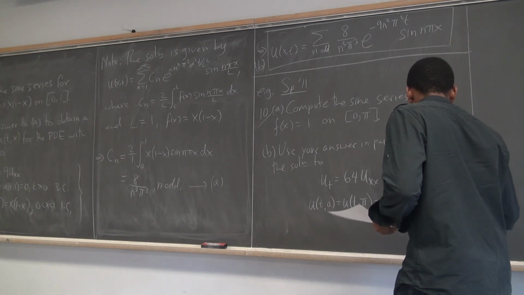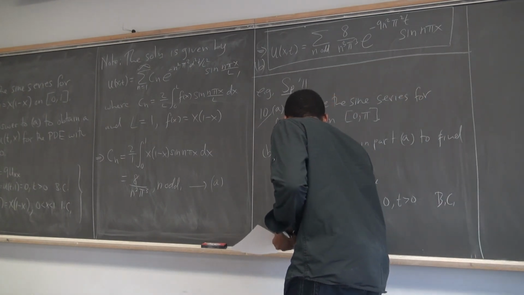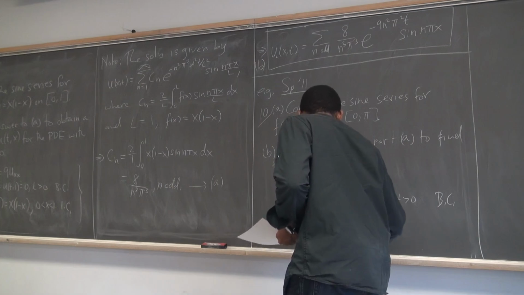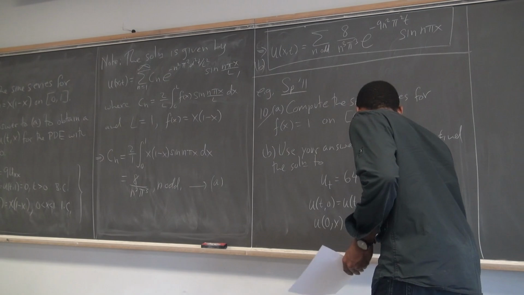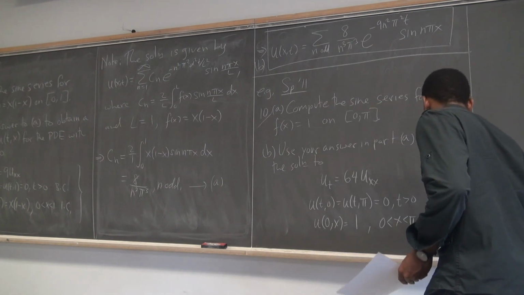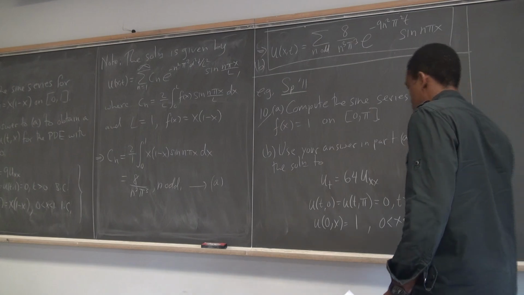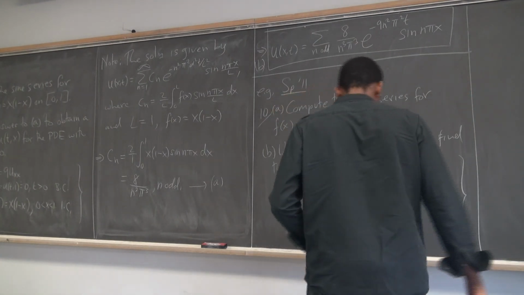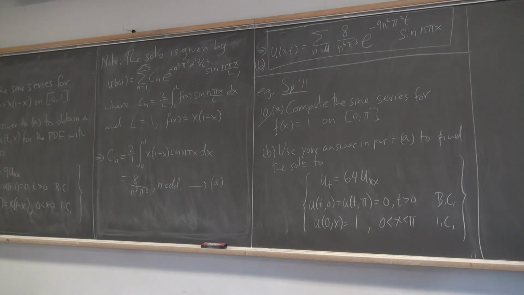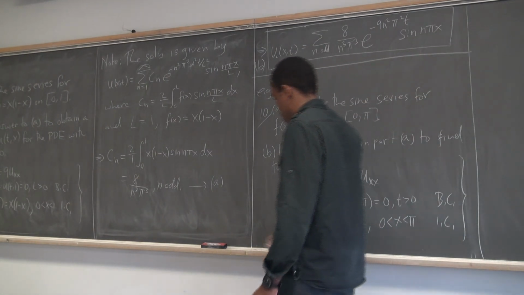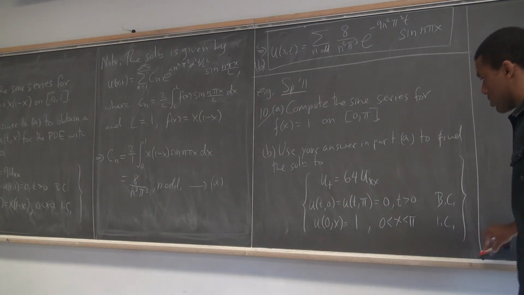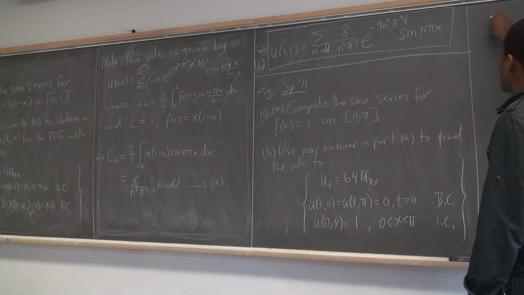This was the boundary condition. And they said that u of 0,x is equal to just the function 1, where x goes from 0 to pi. Now, let's do part A.